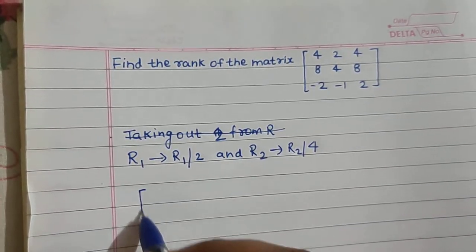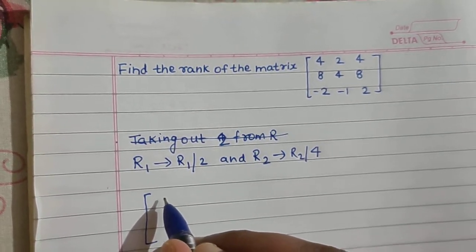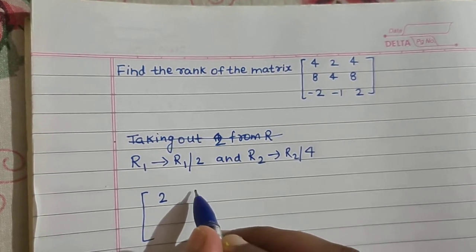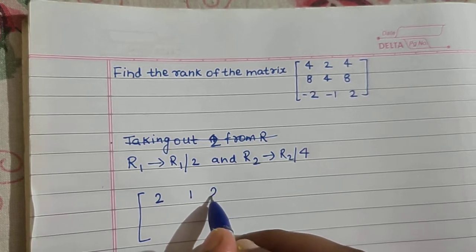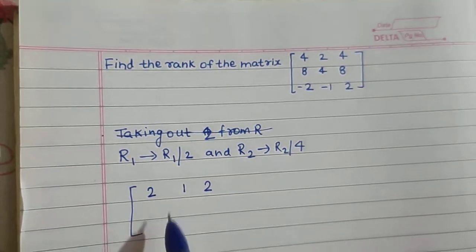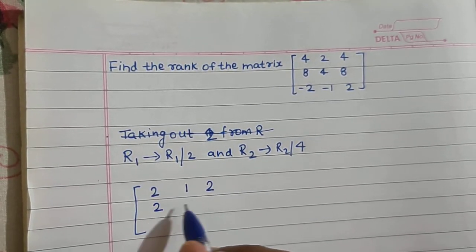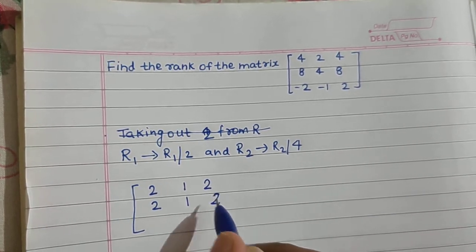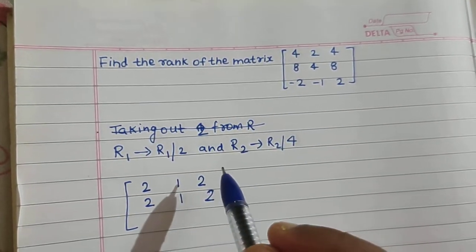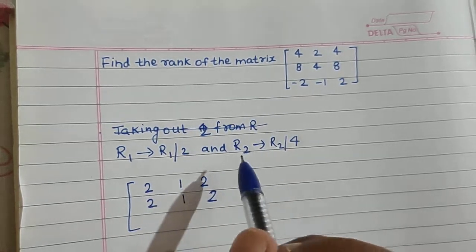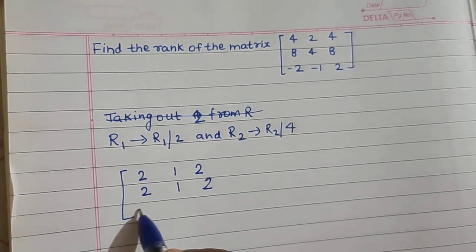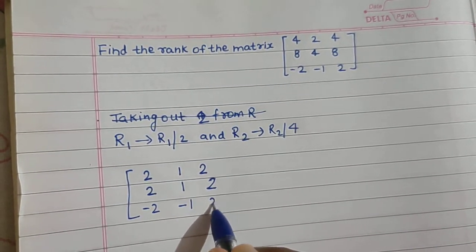So my matrix will convert to 2, 1 and 2, as I have taken 2 out, then 2, 1 and 2, as I have again taken 4 out in the second row, third row remains as it is.